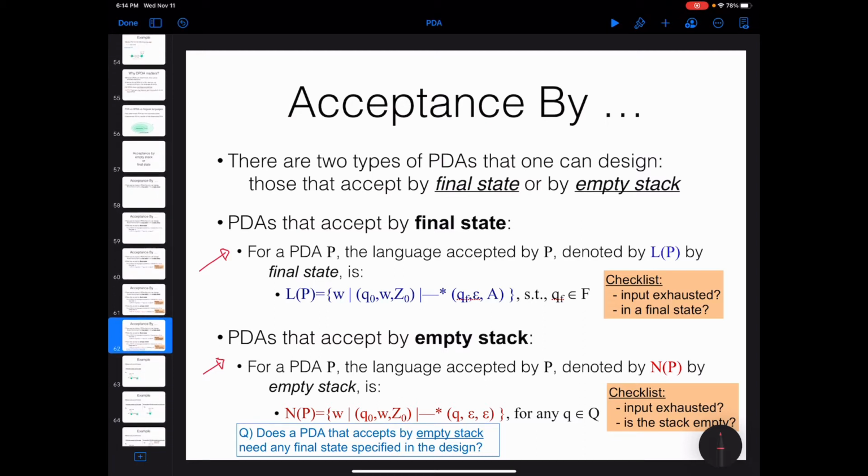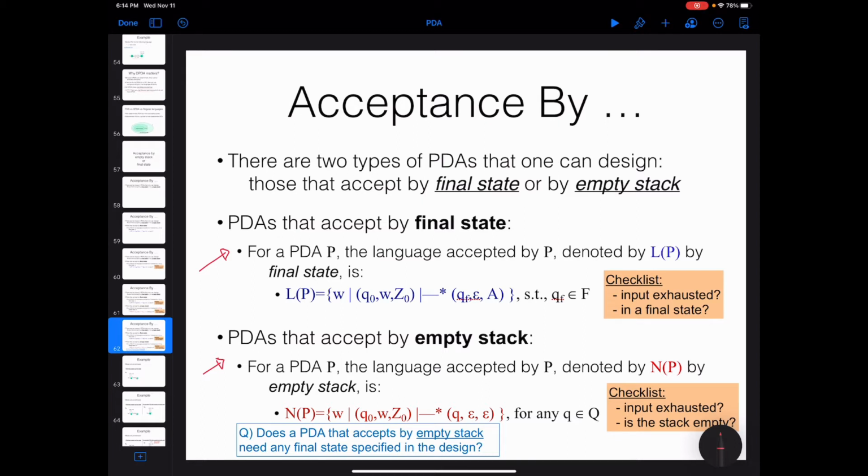We will see that it doesn't really matter whether you design your pushdown automaton to accept by final state or by empty stack, and these two types have the same power. I'm going to show you that they are equivalent.